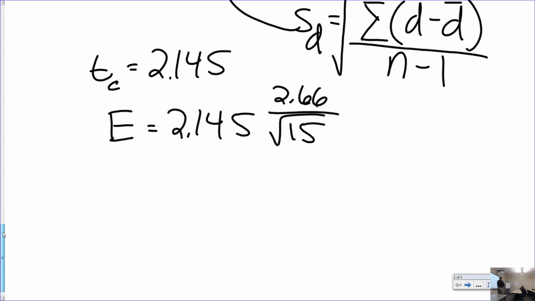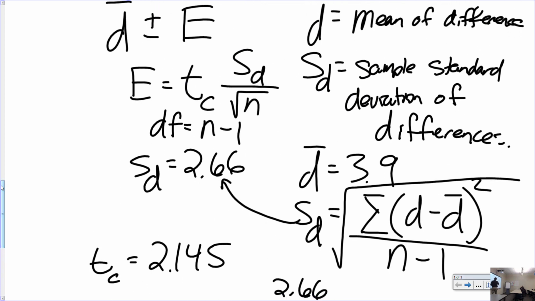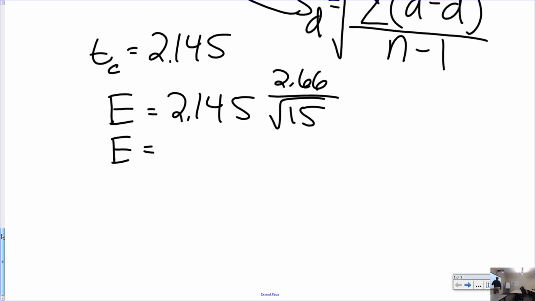Square root of 15. 1.473. Technically, our D bar went to 3.9, our standard deviation went to 2.66. We're probably good going to 2 decimal places. E is 1.47. So what is our 95% confidence interval?